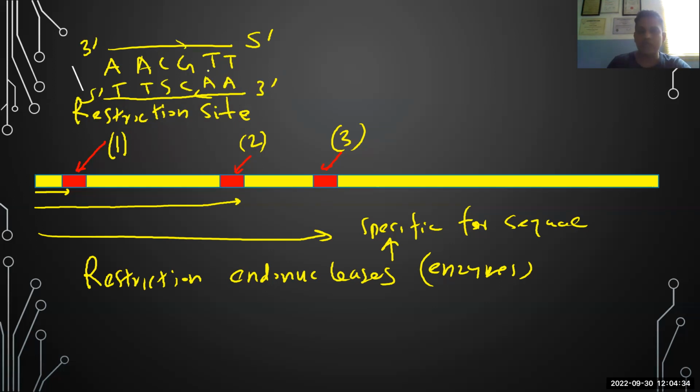Now, if you look carefully at this sequence, the nucleotides from 3 prime to 5 prime, AACGTT, and the reverse sequence, AACGTT, are the same sequence. So these sites are called restriction sites, and this is the specificity, the sequence. So what will happen now if we use restriction enzymes to cut this DNA?